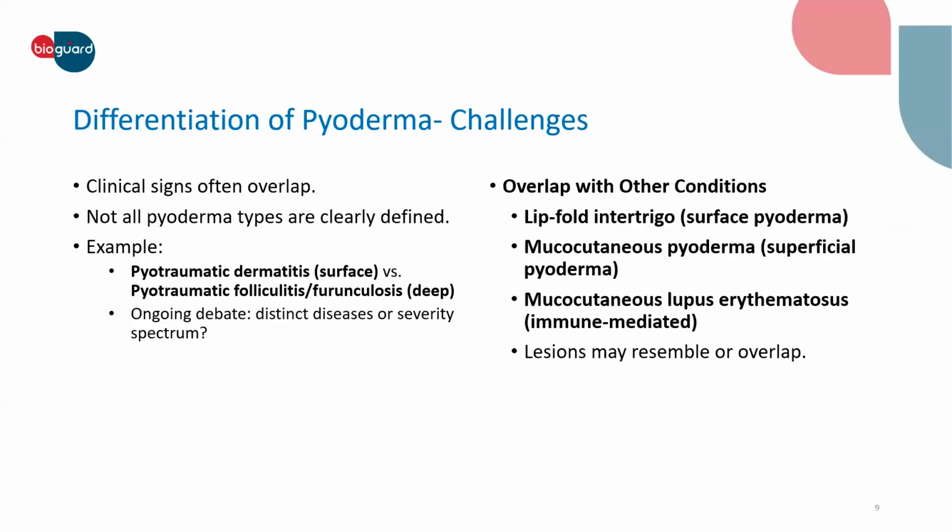Examples include pyotraumatic dermatitis, which is a surface pyoderma, versus pyotraumatic folliculitis, which is usually a deep pyoderma. There is also overlap with other conditions, like lesions associated with deep folds, intertrigo, which is a surface pyoderma, and mucocutaneous pyoderma and mucocutaneous lupus erythematosus, which can closely resemble each other or overlap.